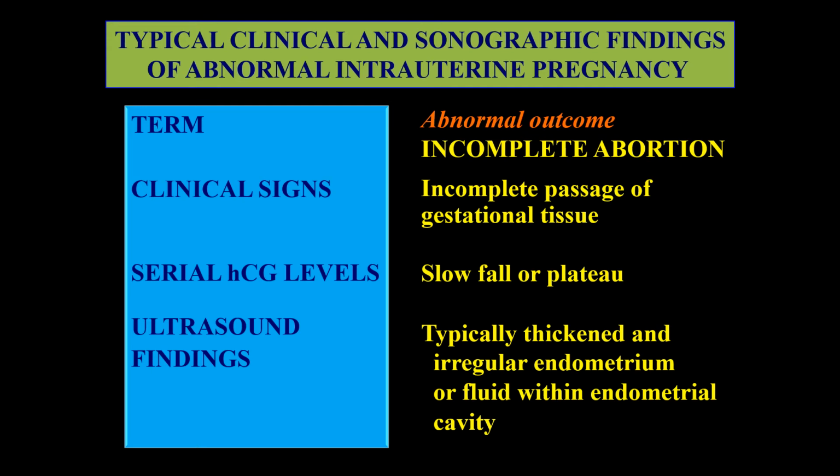Then is the incomplete abortion. It is the partial loss of products of conception within the first 20 weeks. Incomplete abortion usually presents with moderate to severe vaginal bleeding, which may be associated with lower abdominal or pelvic pain.